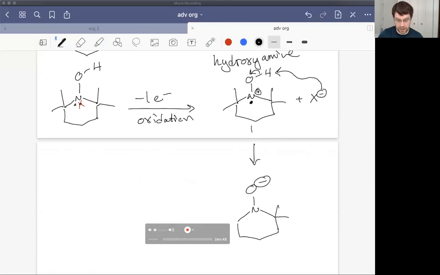We have a full-blown alkoxide anion next to this nitrogen. Now, I don't want to push the negative down with the positive to make a double bond, because that will break the octet rule. Now, this is actually a stable or persistent radical.